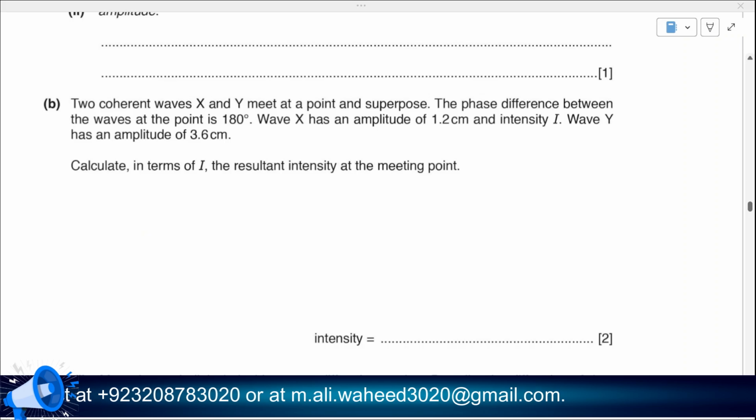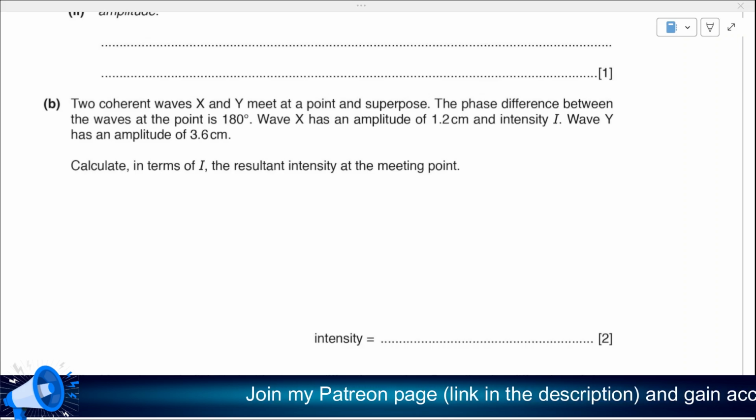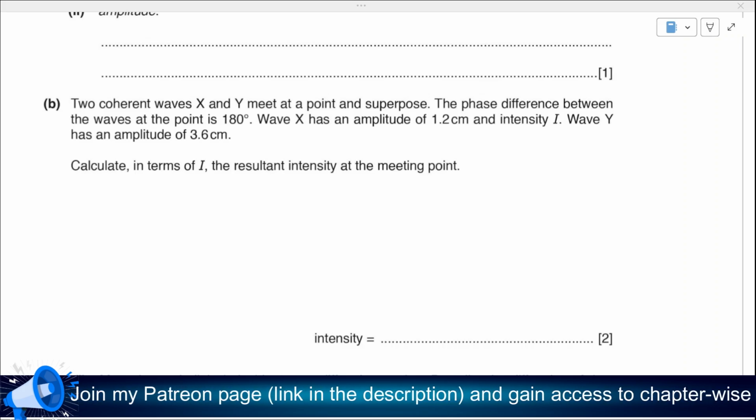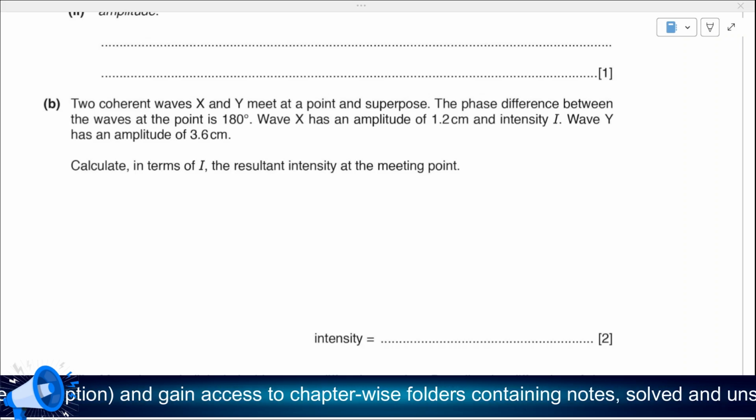All right, anyway, here we have the next one, which is related to the intensity. The question says, two coherent waves x and y meet at a point and superpose. Superpose, in simple words, means combine, but the key word is superpose, because the two waves have to be of the same kind.